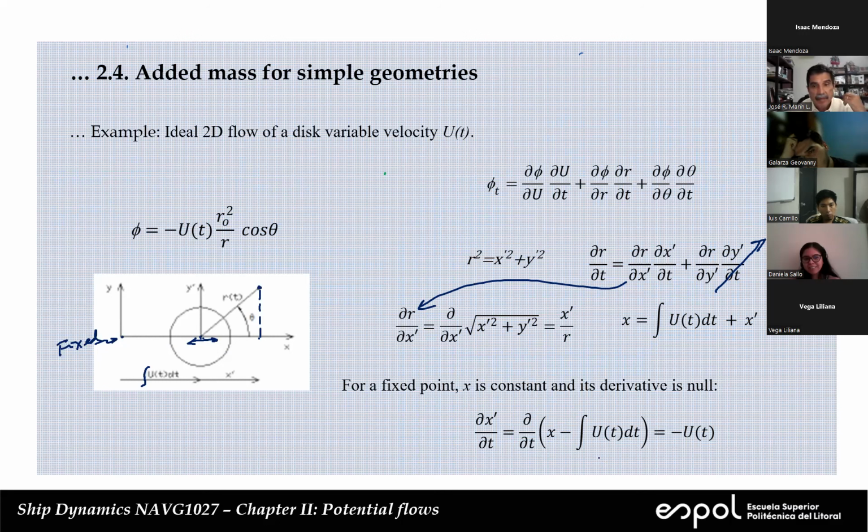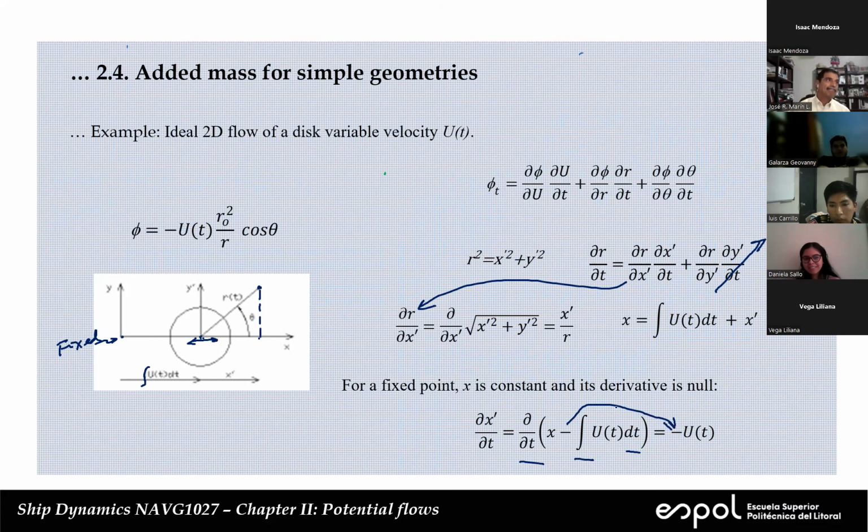Here, this is the first theorem in calculus, remember? You're saying that differentiation is the opposite of integration. So you are differentiating with respect to time, and here you have the integral with respect to time. And the result is simply the integrand, u. The negative sign is here.